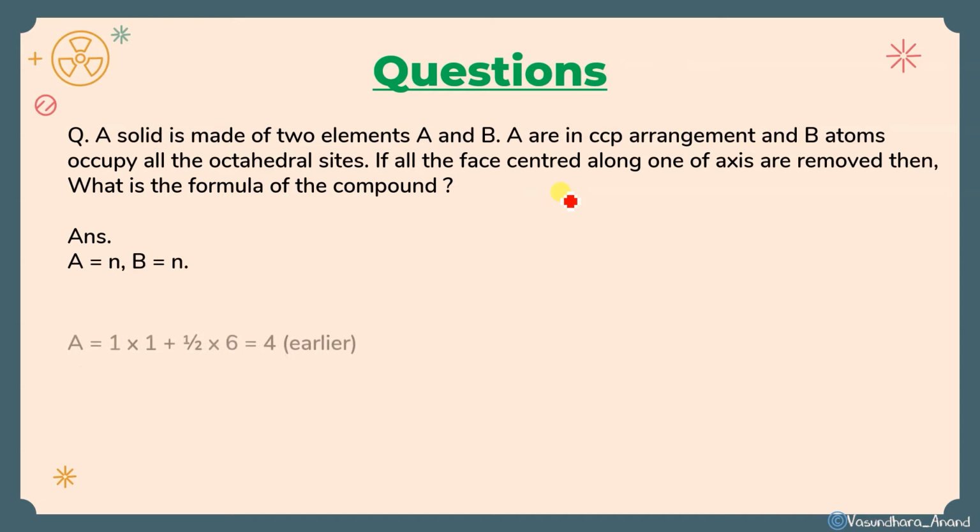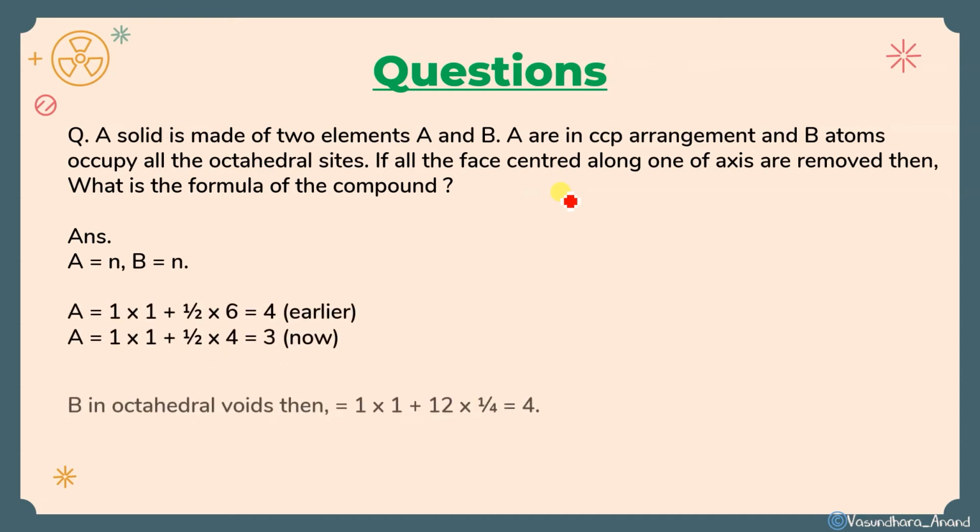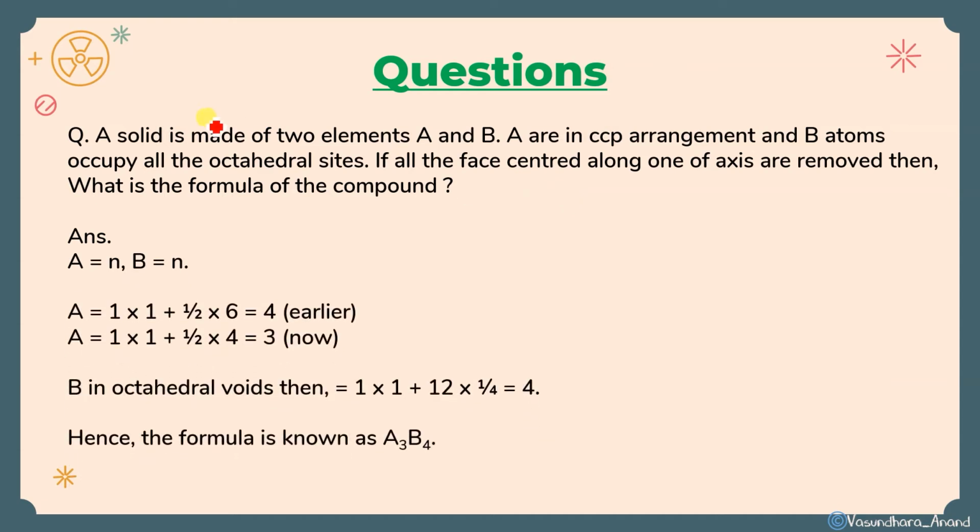Yes. Let's do this. Look, understand how it happened here. A is equal to N, quite clear. A is equal to N, CCP. B is also N, because it is in the octahedral sites and equal. Got it? How does A earlier become N?